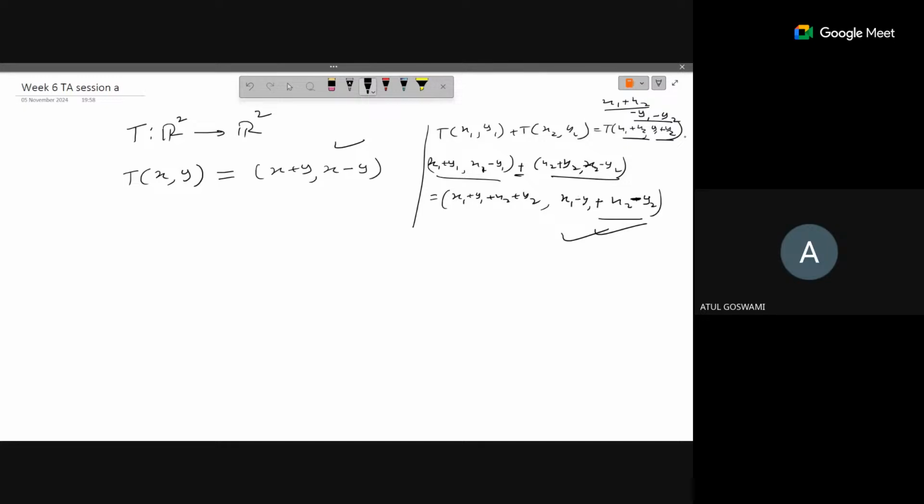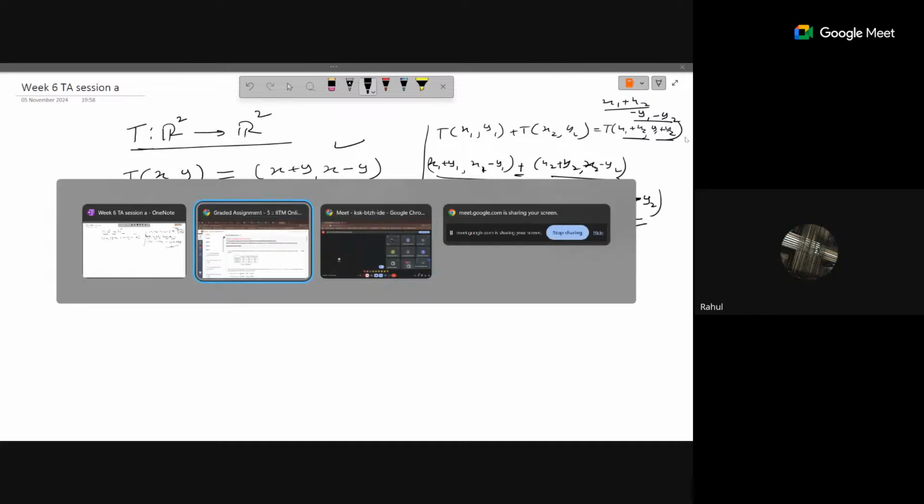So if I want to know what the kernel is, how will I find it? What will be my approach? What is the kernel, in general, for this linear transformation? The definition: null space.